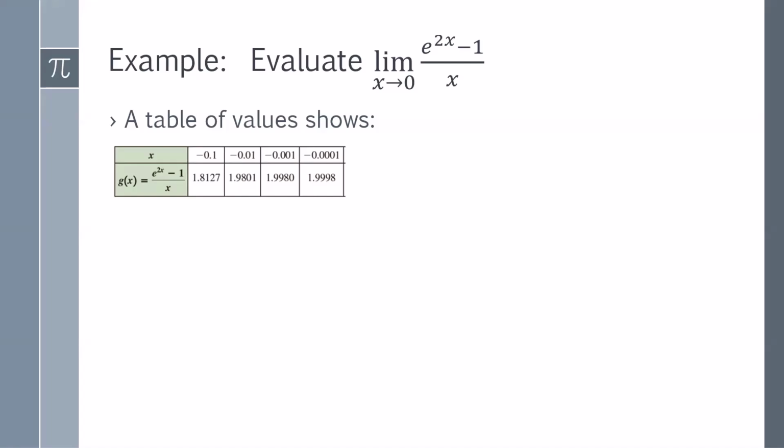When x is negative 0.01, we get about 1.98, negative 0.001, 1.998, and so on. It looks like it's getting closer and closer, probably to 2.